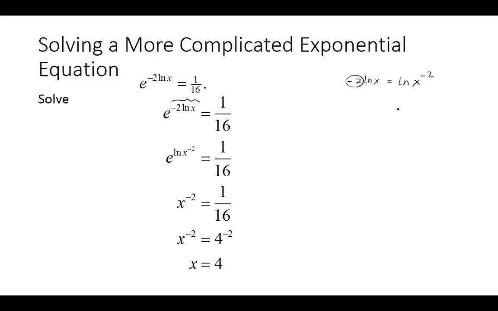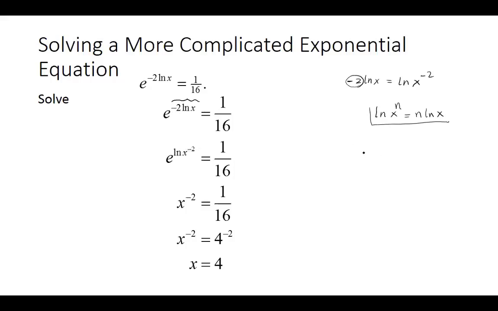So again, if I have log or natural log of x to the power of n, I can write this as n natural log of x. That's the property we're going to use to move this negative 2 right onto the exponent here.